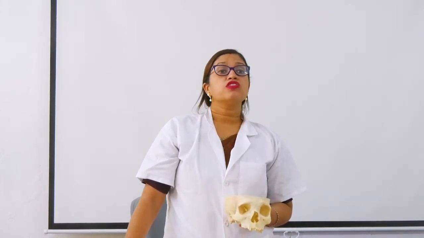And you all know ptosis. Ptosis means drooping of the eyelid. This is the muscle, levator palpebrae superioris. Why did I tell you this muscle? Because of the nerve supply.